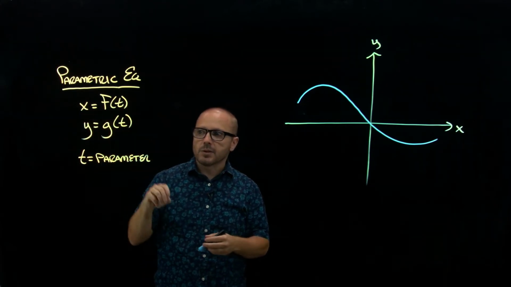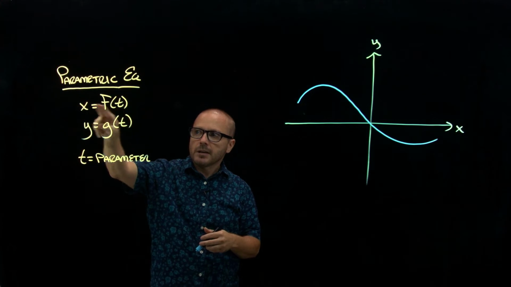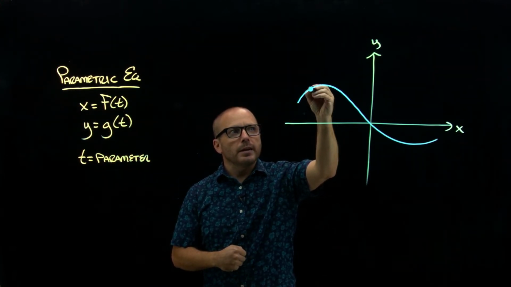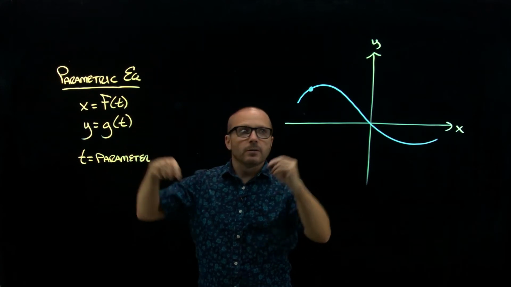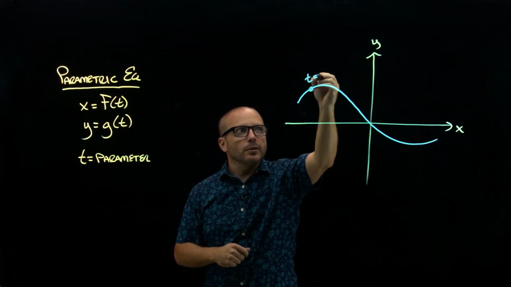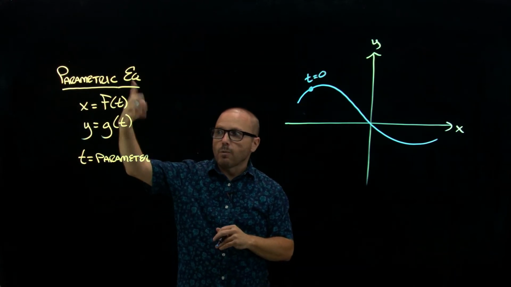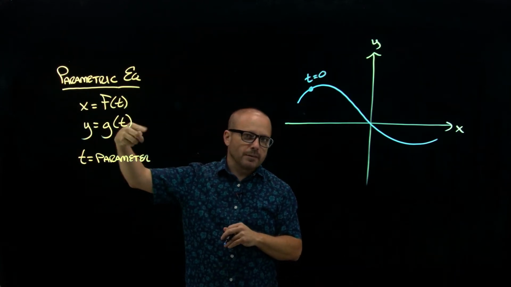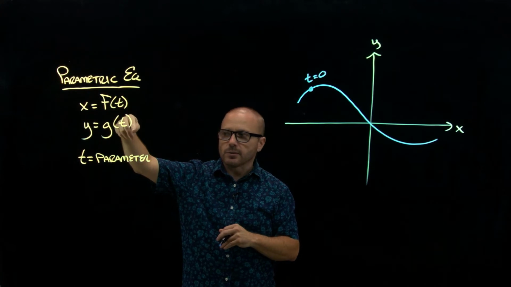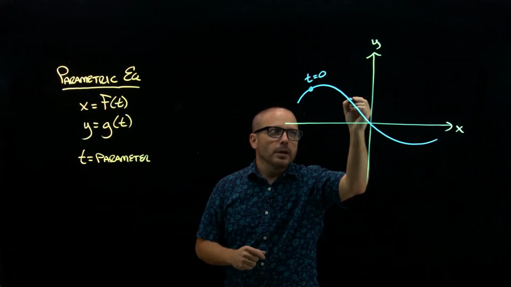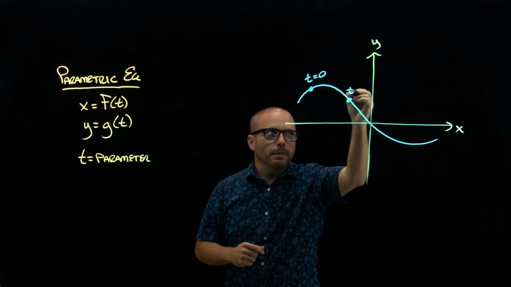Each time, so you might plug in t equals 0 and get some xy pair. So you might have a location right here when t is 0 that tells you that you're right here at time 0. Then you could plug in t equal 1, for example, if we're just going to go by increments of 1 second or 1 hour, whatever t stands for. Maybe when we plug in t equal 1, we get this point.